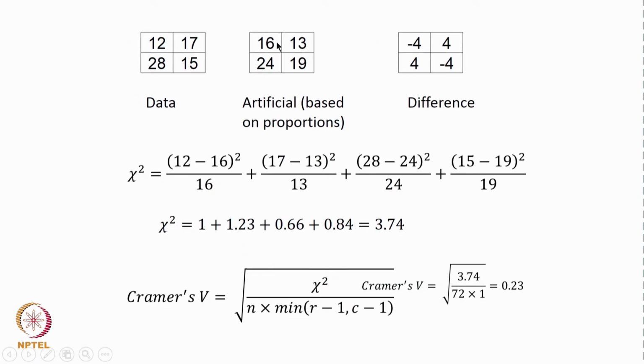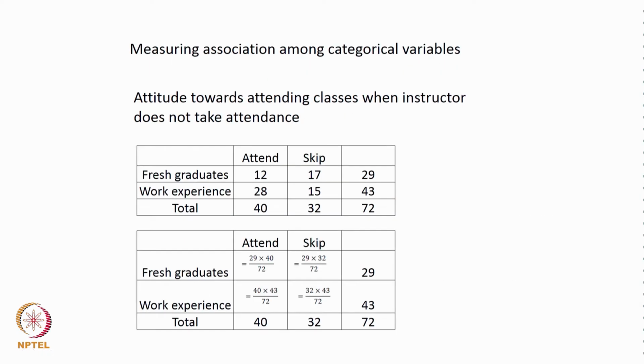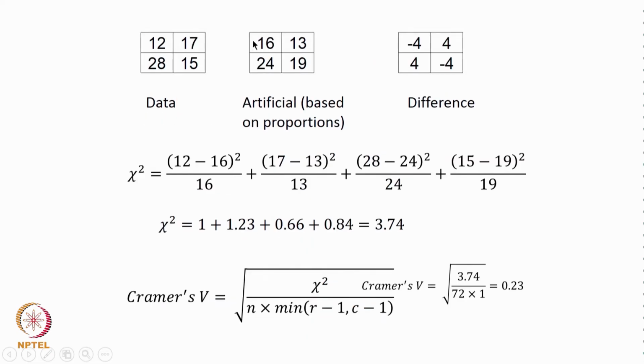This is rounded off to 16, therefore, the other one is rounded off to 13. So, that the total is 29, and once we calculate this 16, we know that this total is 40, therefore, this becomes 24 and the other becomes 19.